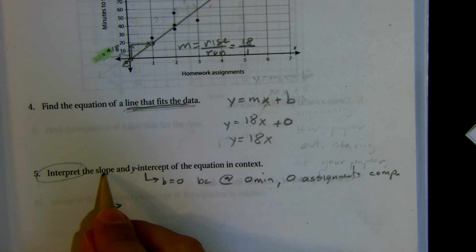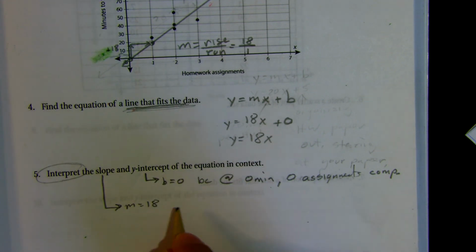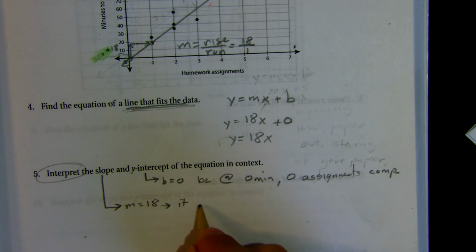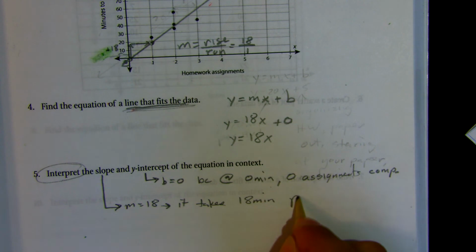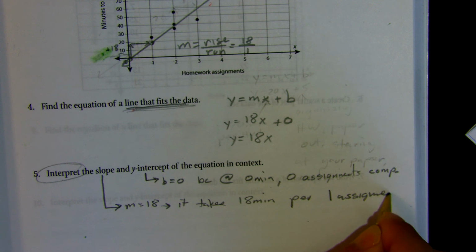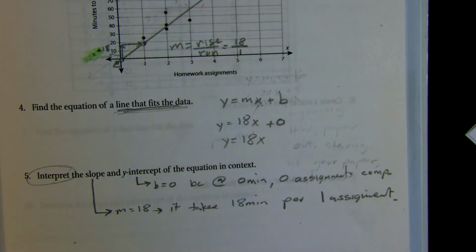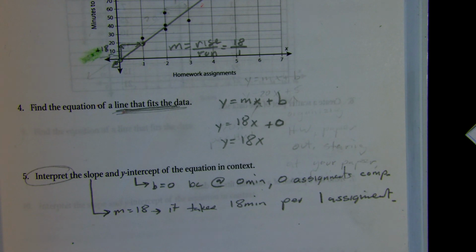Slope, m is equal to 18. And what we're saying here is it takes 18 minutes per one assignment. And if your line of best fit was a little different, you might have 20 minutes, 21 minutes, 17 minutes.